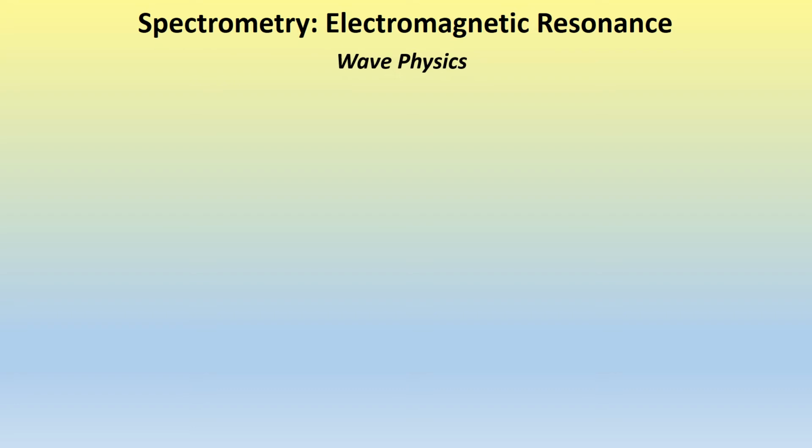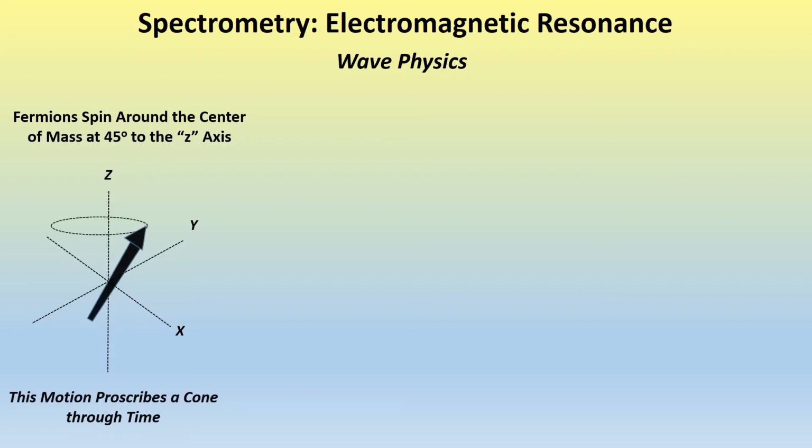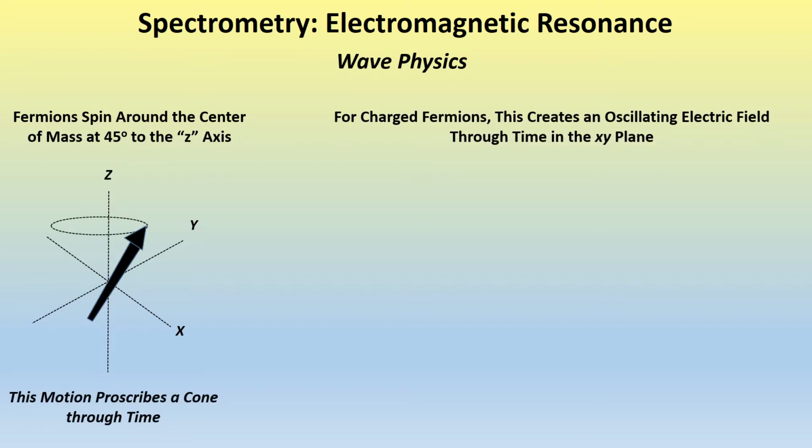When fermions spin, they spin around a center of mass at 45 degrees to the z-axis. As can be seen here, this motion prescribes a cone through time. For charged fermions, this creates an oscillating electric field through time in the xy plane.